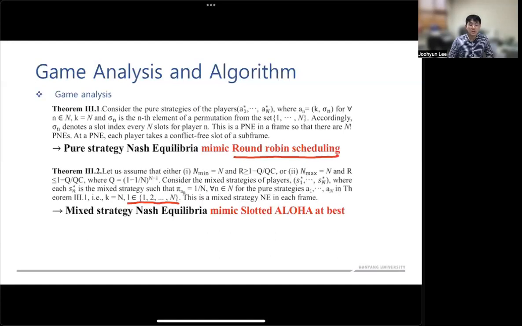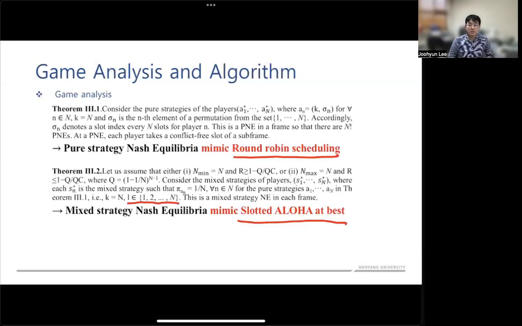It's essentially choosing each time slot with probability 1/k. Then this strategy mimics slotted Aloha at best, when k is chosen to be n, the actual number of users.